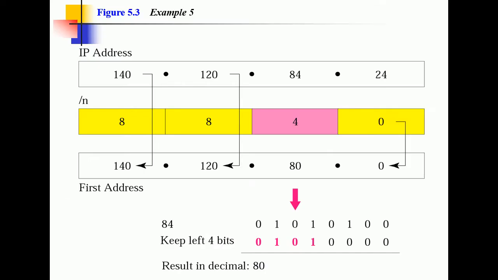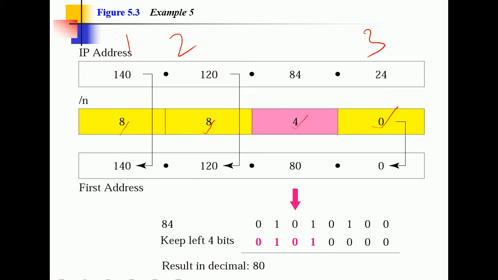If you see 140.120.84.24, and the prefix length 8 means all ones, and here 4 is given because 8, 8, 16, 20, and the rest becomes 0, so this octet will become 0. In the case of the first, second and third octet, we don't need to calculate anything because they will give similar values.